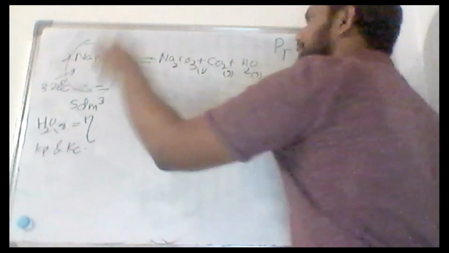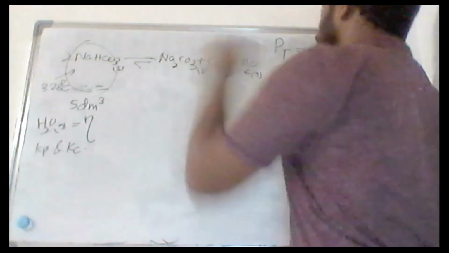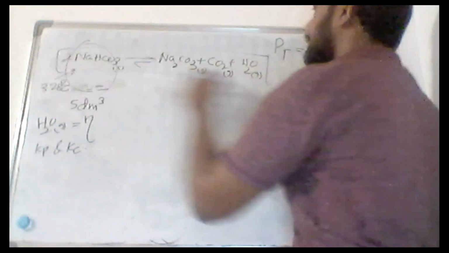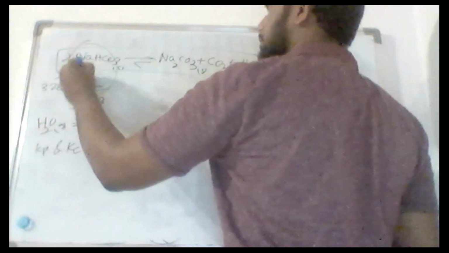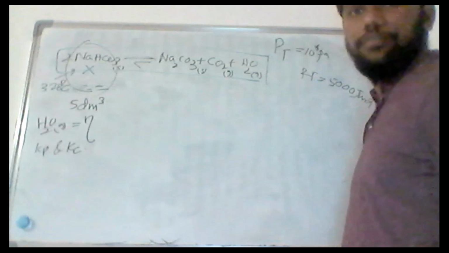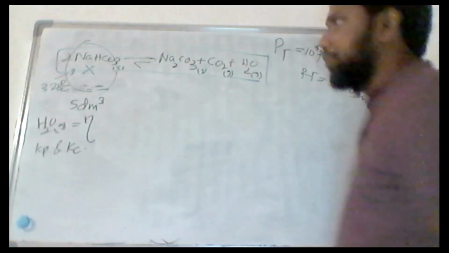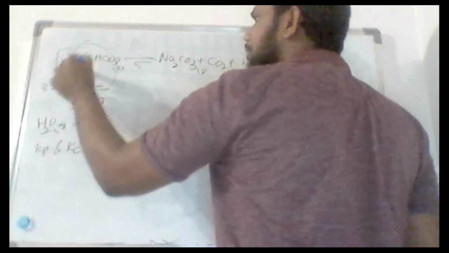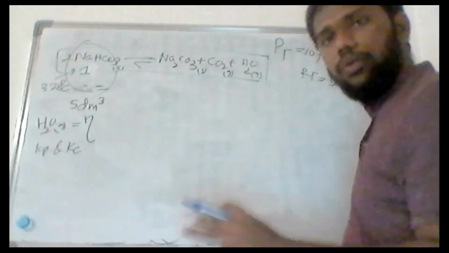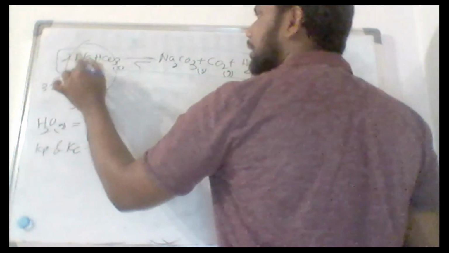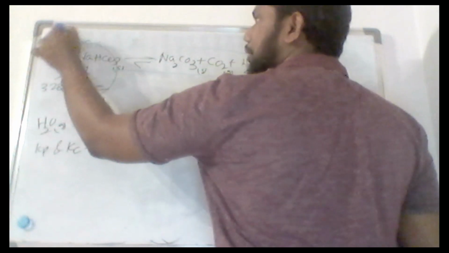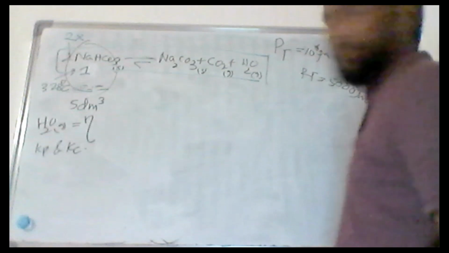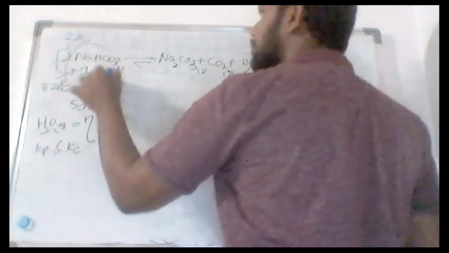So when this reaction is happening and this reaction reaches equilibrium, you need to understand, let's say we don't know the number of moles of sodium bicarbonate that is used. So we will assume this as 1 mole for an example. At equilibrium, if the dissociation is 2x, let's say, the amount that will remain at equilibrium is 1 minus 2x.